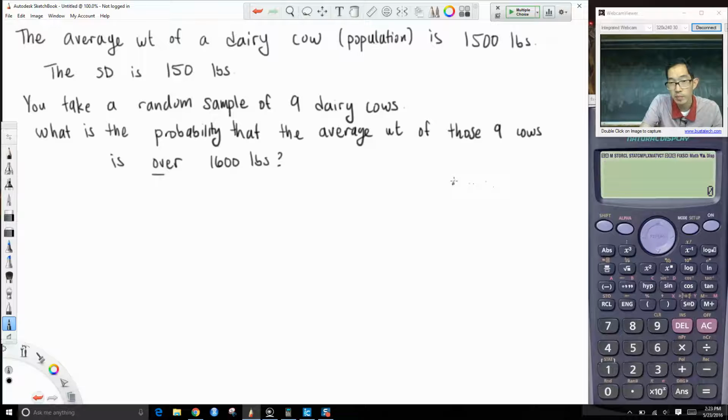So let me find some answer choices here. So we're asking, what's the probability that the average weight of those 9 cows is over 1,600?